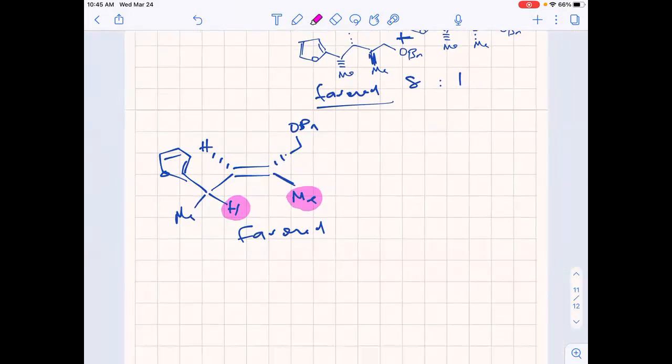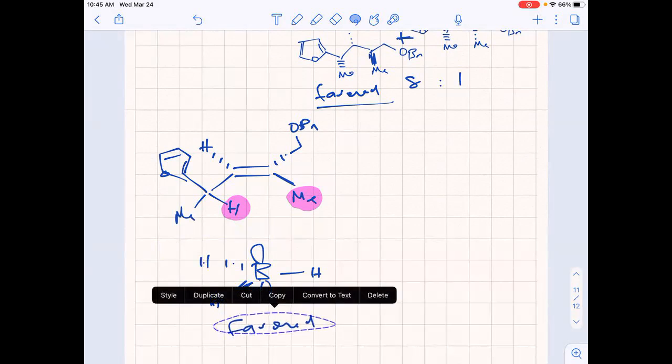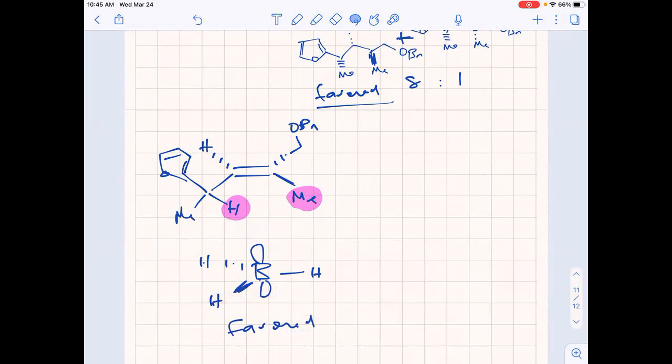And in this case, boron is coming from the bottom face, and that gives rise to the isomer that's present.